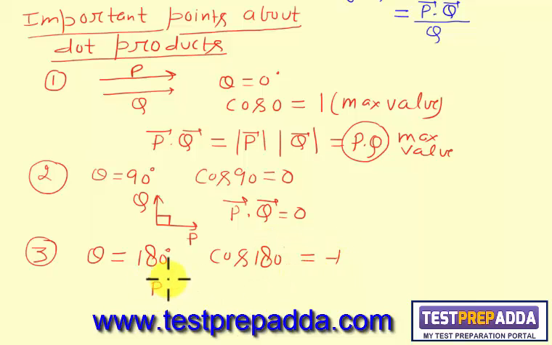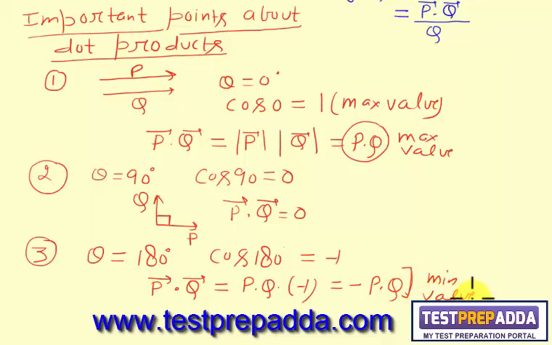So, if you take P dot Q, it will be what? P into Q into minus 1, and that is minus P into Q. So, what is the conclusion? It is the minimum value because minus 1 is the minimum value of cos theta.